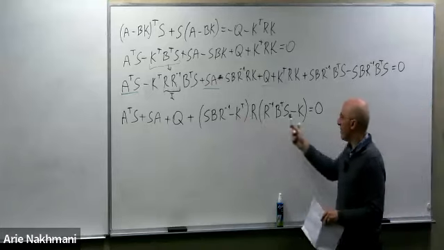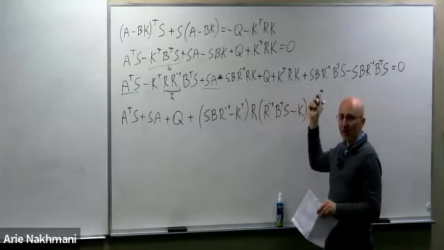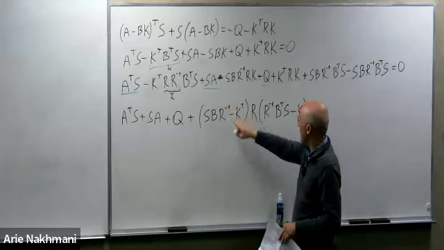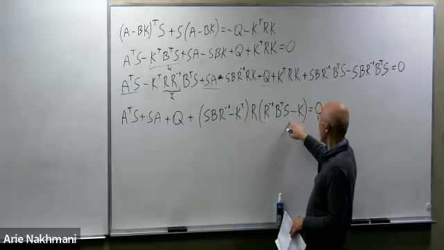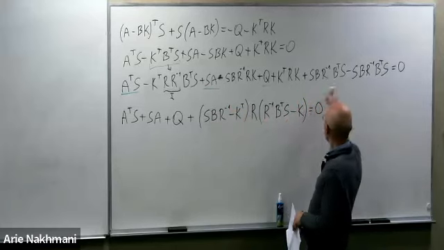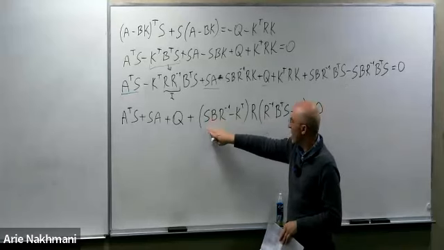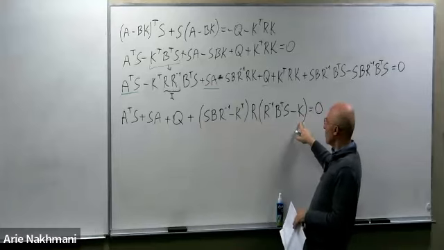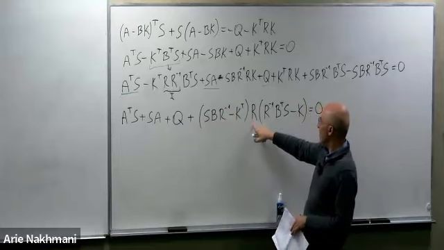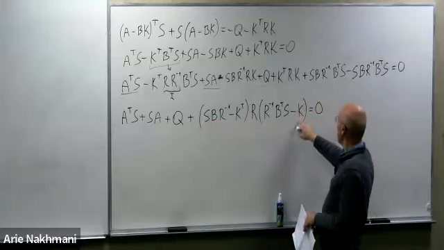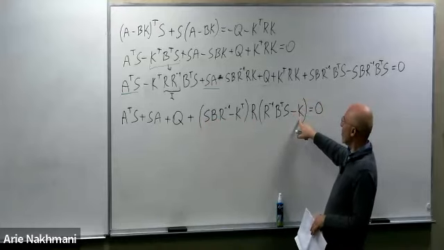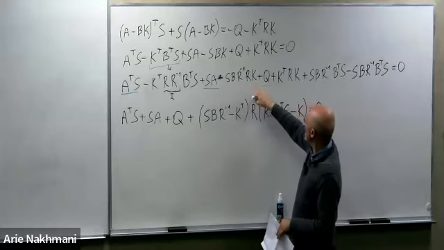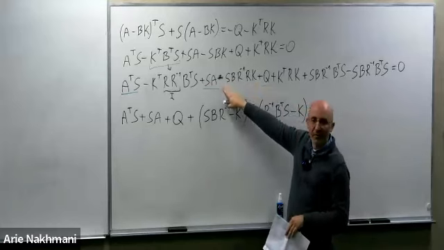Practically, if you open this parenthesis, you will get that expression. Okay, you just multiply S B R inverse R by R inverse B transpose S. You'll get one of these. Then you get S B R inverse times R times minus K. So R inverse and R cancel out, so you'll get minus S B K, right?